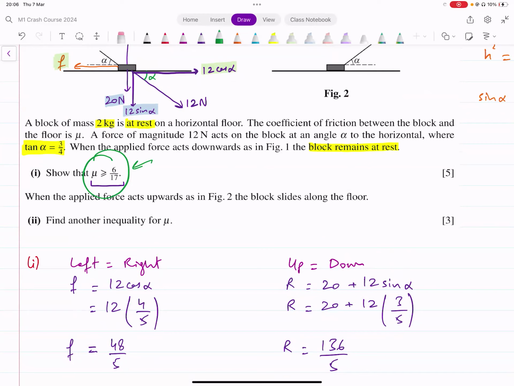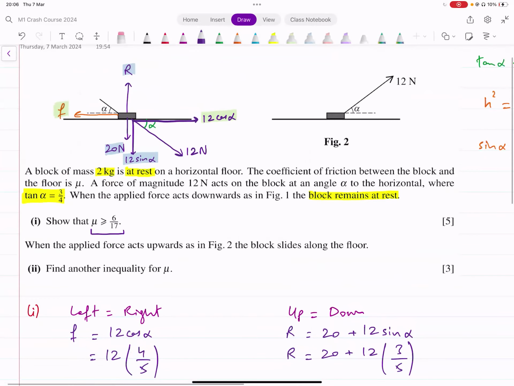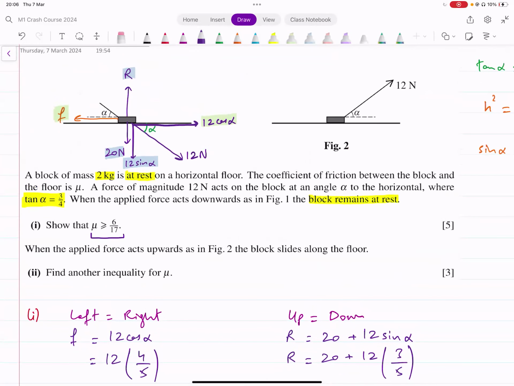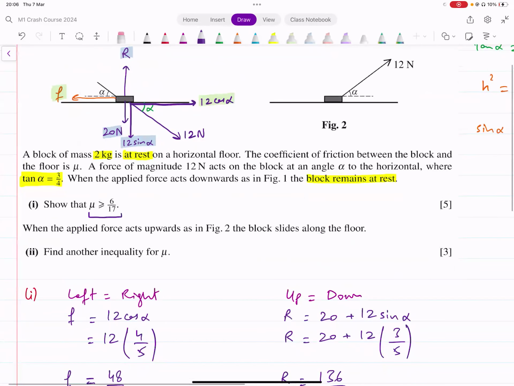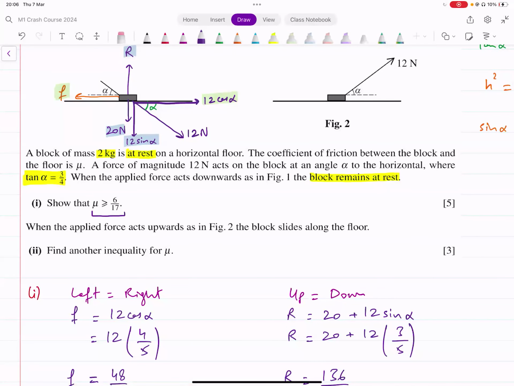Any idea? Sir, F is equal to mu R. We can use that. F is equal to mu R. Yes. Is this limiting equilibrium? F is equal to mu R when you have limiting equilibrium or when you have object in motion. Are you going to consider limiting equilibrium here? If yes, why do we consider limiting equilibrium?